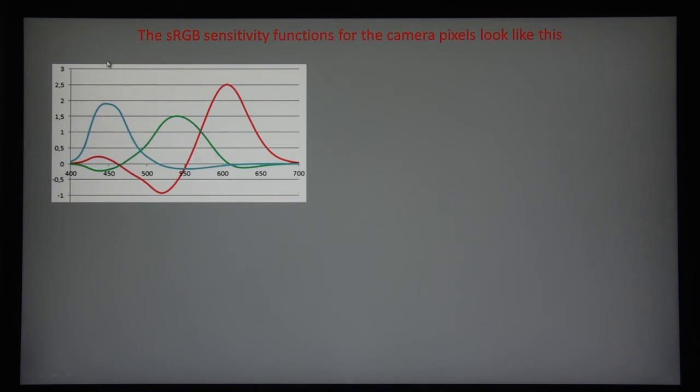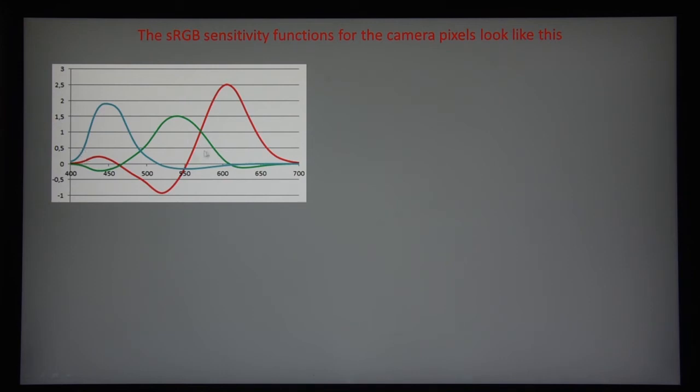So if the camera senses, let's say, our yellow laser, or a green laser or whatever, it should output this amount of green, which is 1.2, this amount of red, which is in this example 0, for example, and this amount of blue.